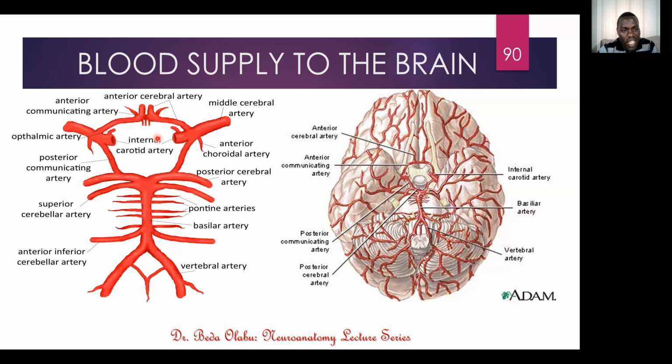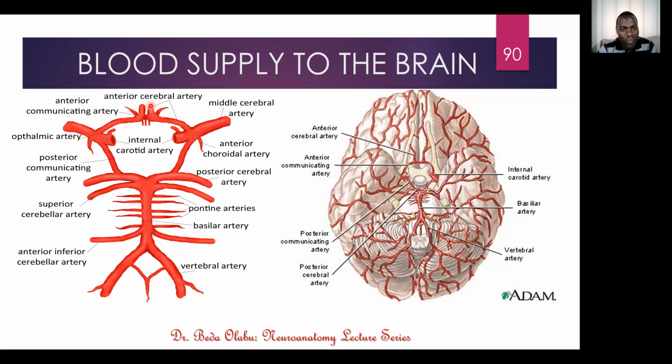But there are others now which run on the surface of the brain. The ones which run on the surface of the brain to supply the cerebral cortex are called cortical arteries because they supply the cerebral cortex. The cortical arteries are three.